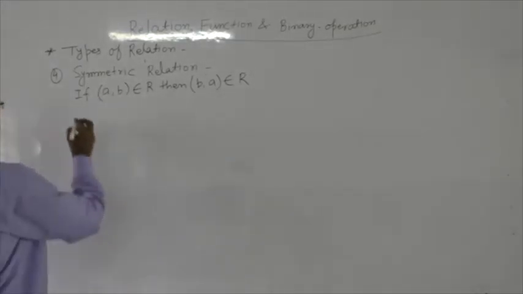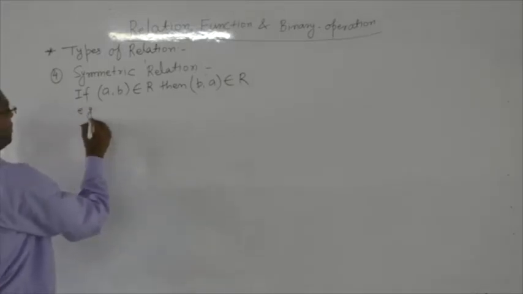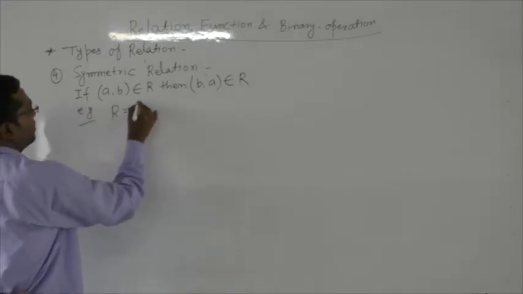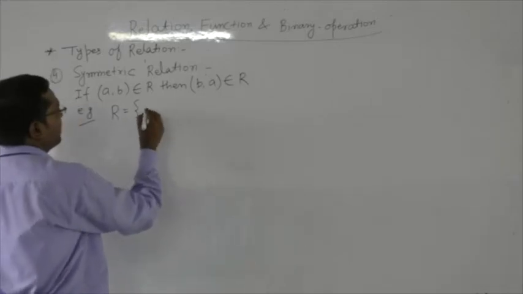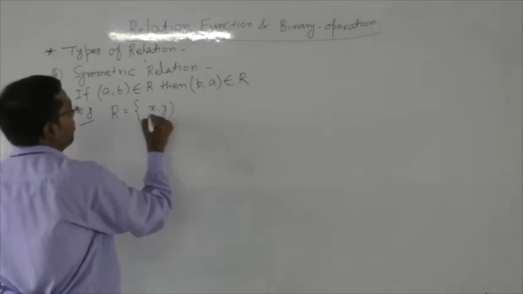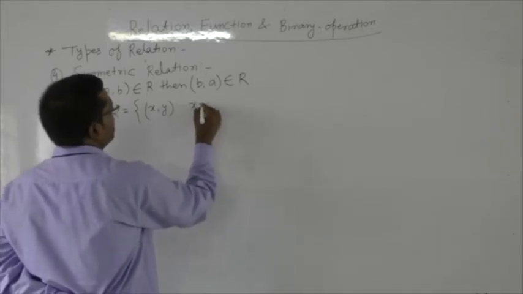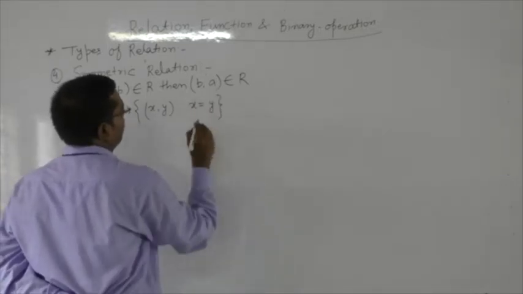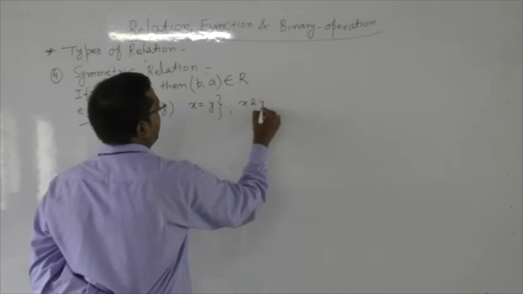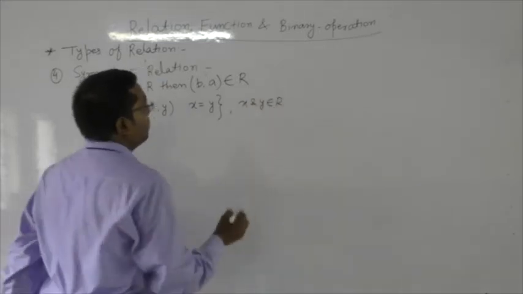Let's see some examples. Suppose R is a relation we are defining here: the pair of numbers (x, y) such that x equals y, where x and y belong to R, the real numbers.